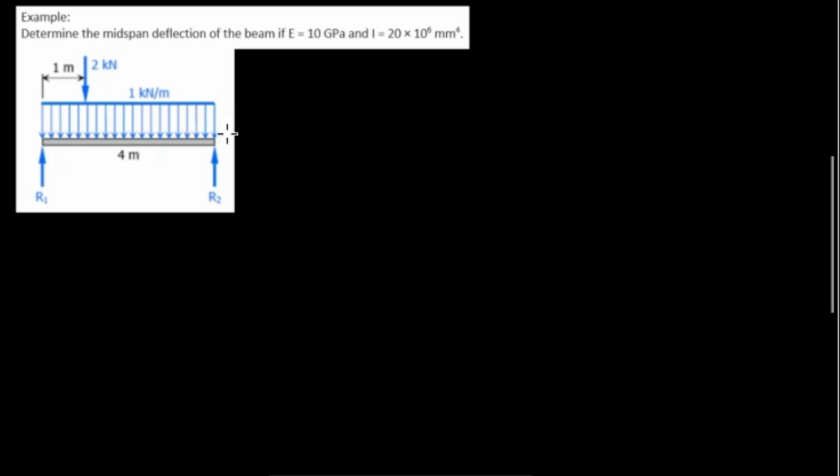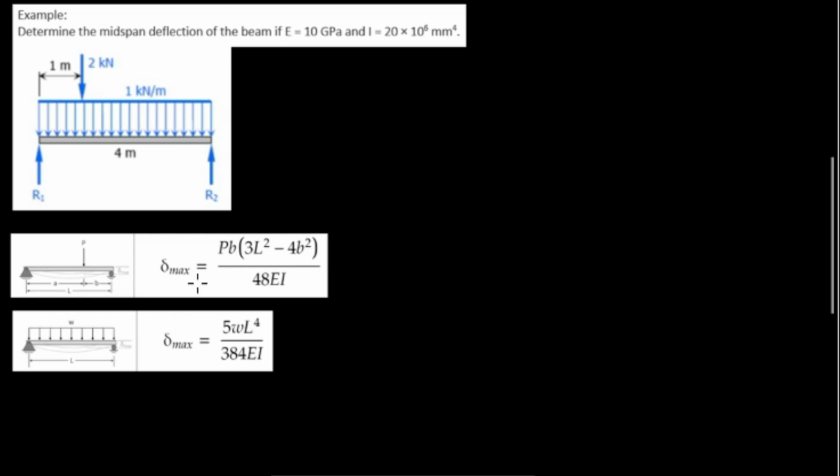For the beam formula, we have two combinations of loads, a uniform load and a concentrated load. For the maximum beam deflection based on the concentrated load, we have the formula Pb times (3L squared minus 4b squared) all over 48EI, where a is greater than b.